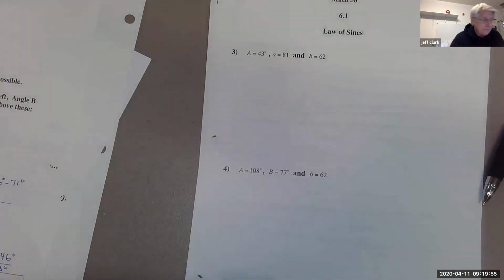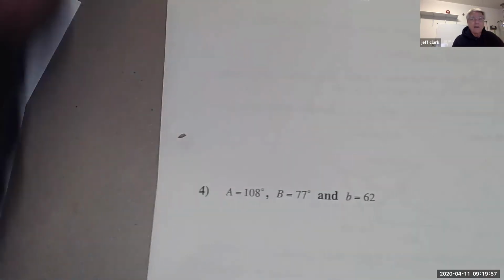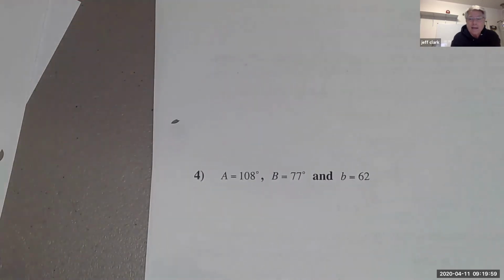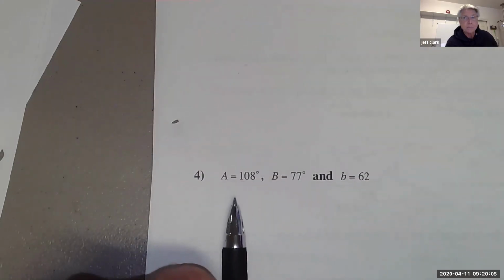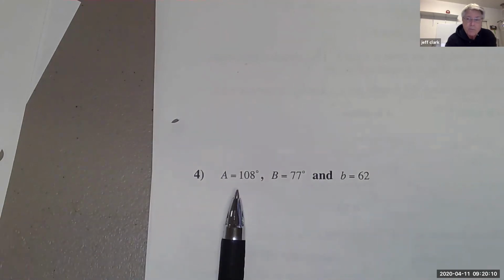Now, number 4, I have down here. Think about it, because sometimes you just blindly go into a problem without even thinking, here's a question: can that even be a triangle? Sometimes you just jump right in and say, I think I'll just go ahead and beat this thing up with a formula. But if you add those two angles together, knowing that there's a third angle out there, it's more than 180.